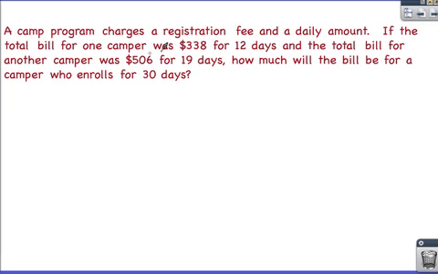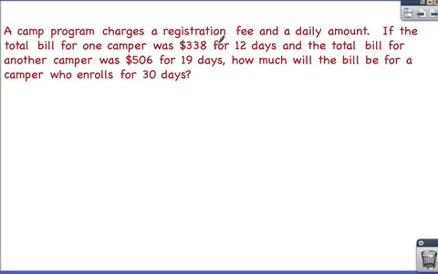Now we know that the bill was $338 for 12 days. So we need to ask ourselves, which is going to be the x-coordinate and which is the y-coordinate? Well, the x-coordinate is always the input or independent variable, and the y-coordinate is always the output or dependent variable.